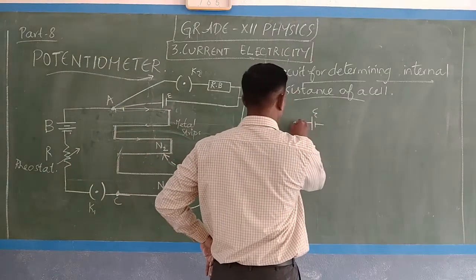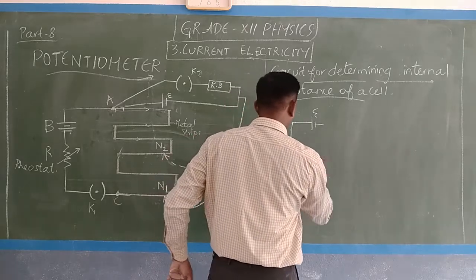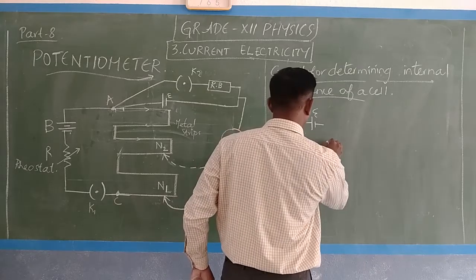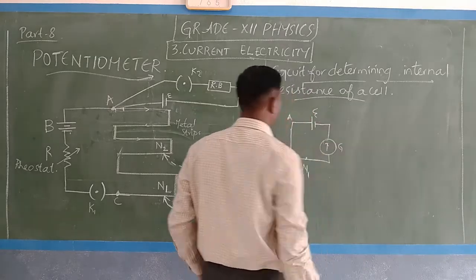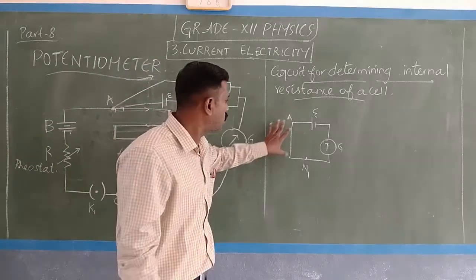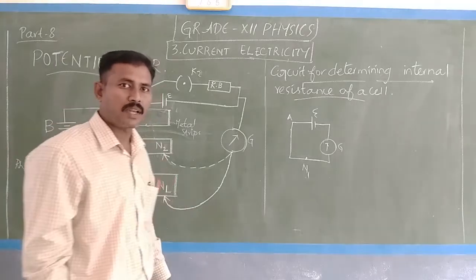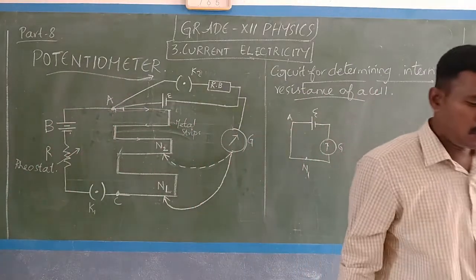That is the same rule here. From E, point A up to point N1, through the galvanometer G and here, if we apply the rule, E equals the drop in this circuit, which is 5 L1 plus 0.